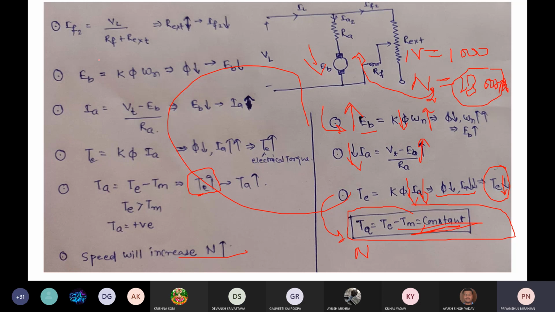So this is the method of field control, and another method is armature control.